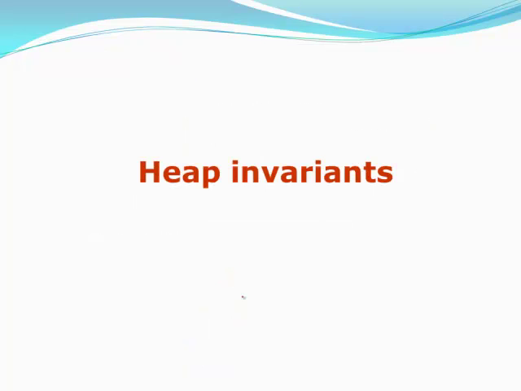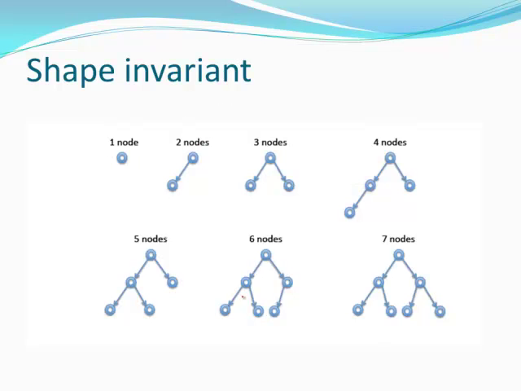So let's talk about the heap invariants in more detail. First of all, shape invariant. If you have one node, I can have a one node heap like this. If you have two nodes, the second node must be the left child of the first node. When the third node comes, that must go as the right child of the first node. When the fourth node comes, it goes as the left child of the second node, and so on.